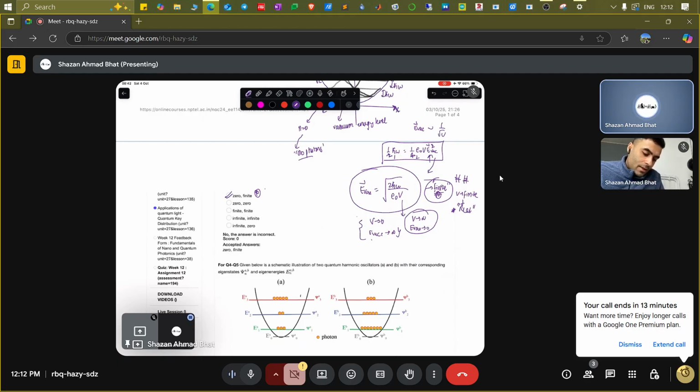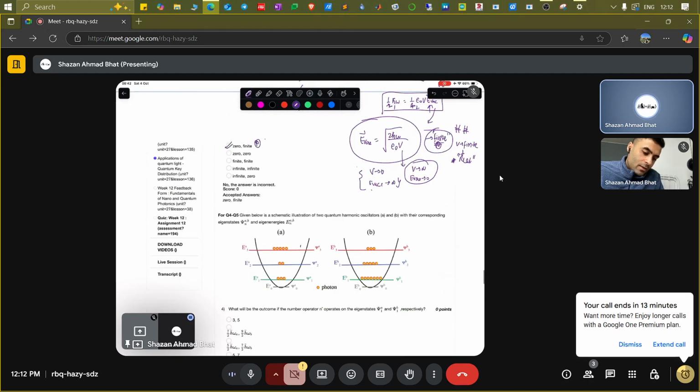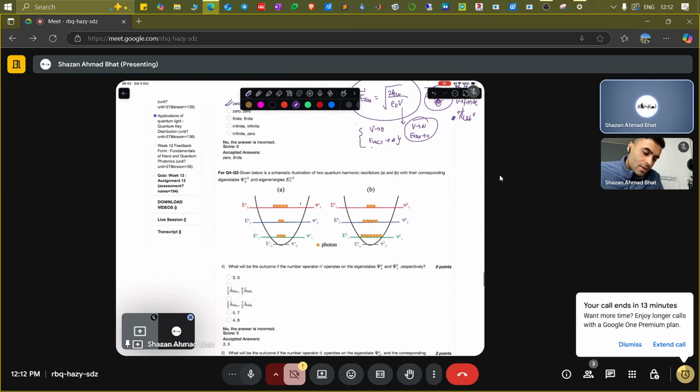Given below is a schematic illustration of two quantum harmonic oscillators with their corresponding eigenstates. This is quantum harmonic oscillator 1, this is quantum harmonic oscillator 2.